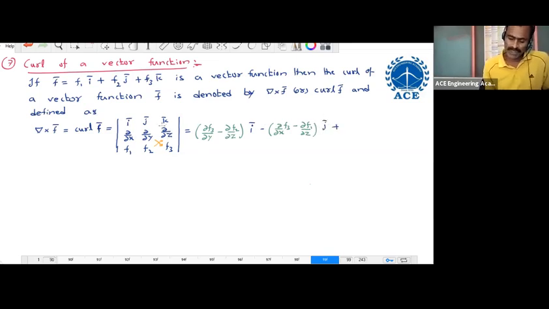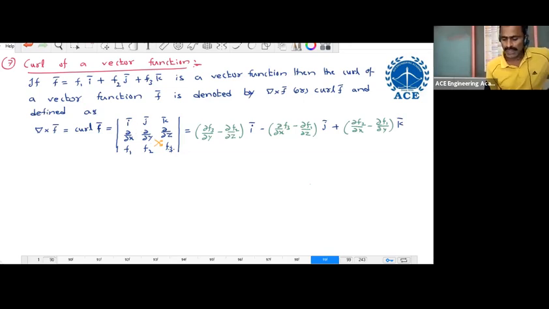Next, plus K bar into, from the first two columns, we read ∂F2/∂x minus ∂F1/∂y into K bar.